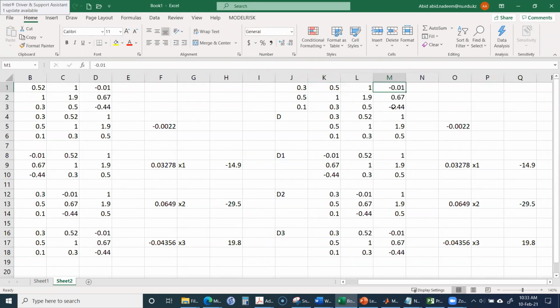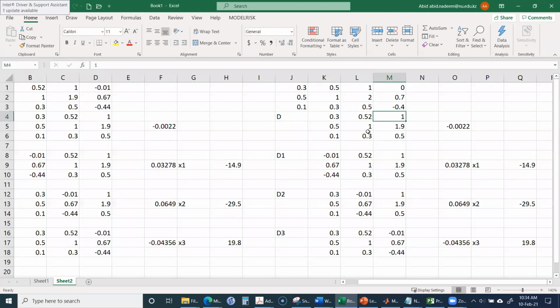And instead of minus 0.01, I have 0 here. And instead of 0.5 and 1.9, I can have maybe 2. And 0.67, I have 0.7, only slight changes. 0.1, 0.3, 0.5, instead of minus 0.44, I can have minus 0.4. Okay, so not much change.